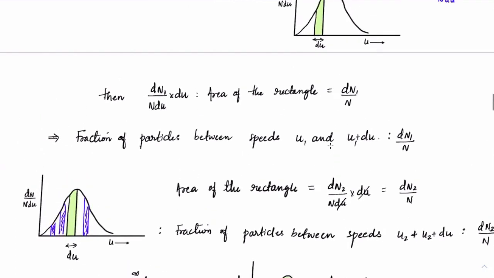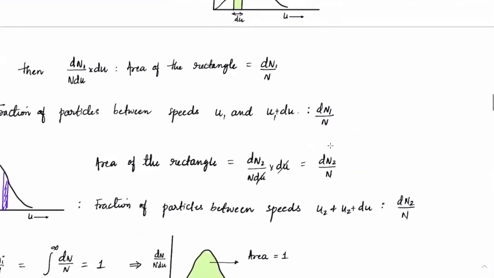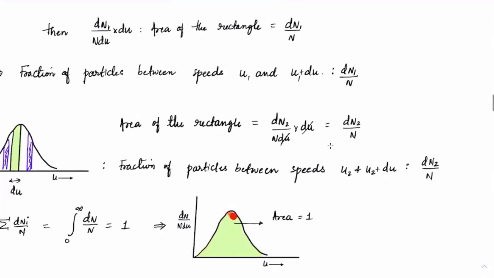So suppose I take a small range du from u1 to u1 plus du, and let's say the fraction of particles is dn1 by n. Similarly, if I take the range from u2 to u2 plus du, the fraction of particles is dn2 by n. What will be the area under this curve?